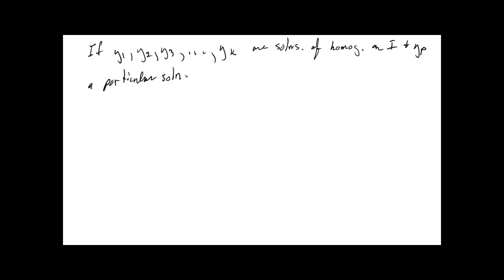Then the linear combination, this is your superposition principle, your general solution y is going to be c1 times y1 plus c2 times y2 plus c3 times y3 plus dot dot dot plus c sub k times y sub k plus y sub p, which is also a solution.